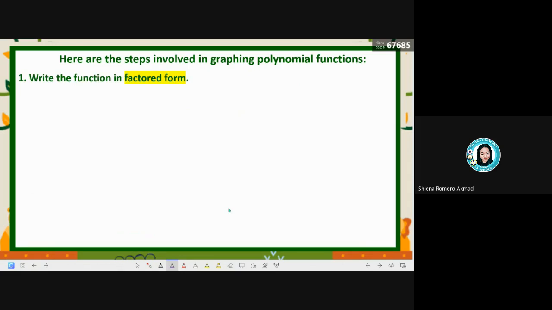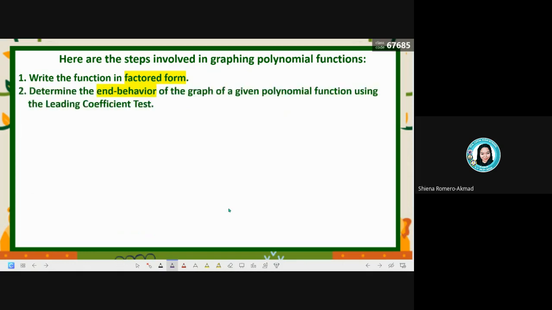So ngayon naman, ang susunod natin is mag-graph tayo ng function. So for us to graph a function, you have to follow the steps. So nag-highlight ako dyan para yung mga naka-highlight ang tatandaan ninyo. So we have to get the factored form. We have to determine the end behavior, yung ginawa natin kanina. And you have to find the zeros, yung ginagawa natin last modules natin, no?